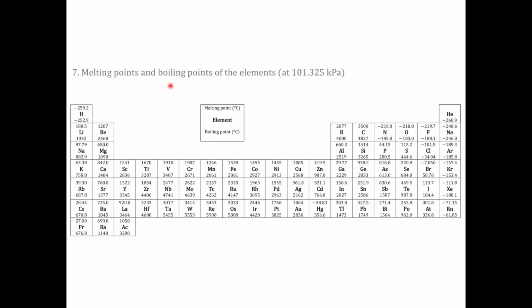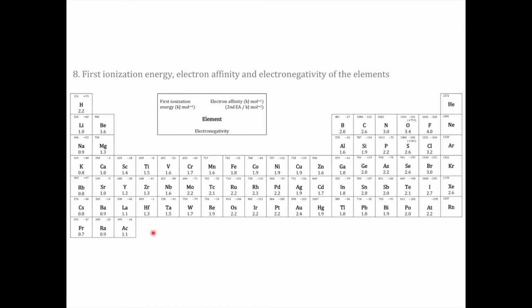A couple other periodic tables you have in your data booklet, just so you know that they're there, are ones that arrange them by melting points and boiling points. So melting points on top and boiling points. That'll be good for periodic trends when we look at those later in the year. First ionization energy, electron affinity, and electronegativity.